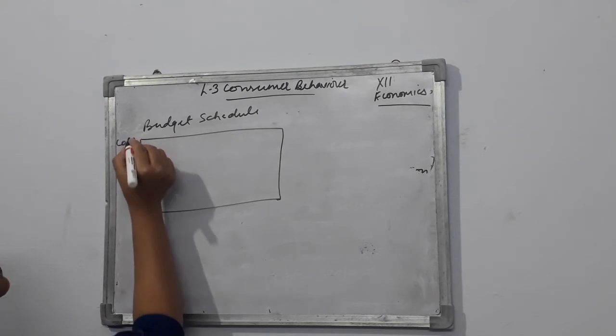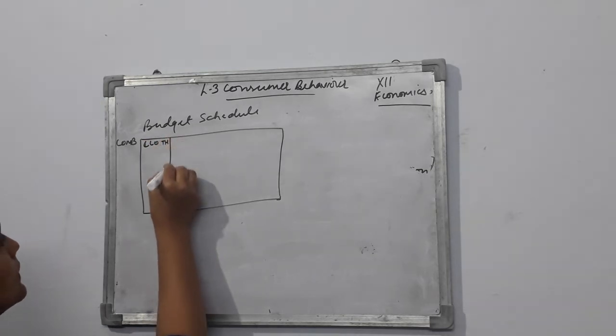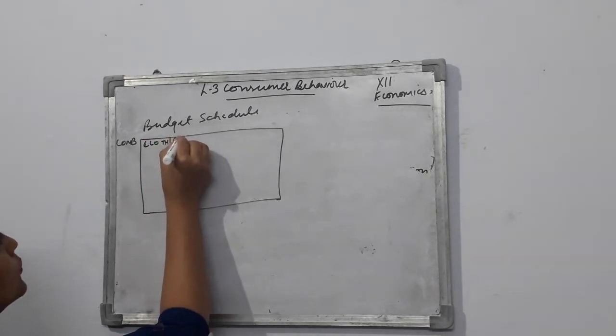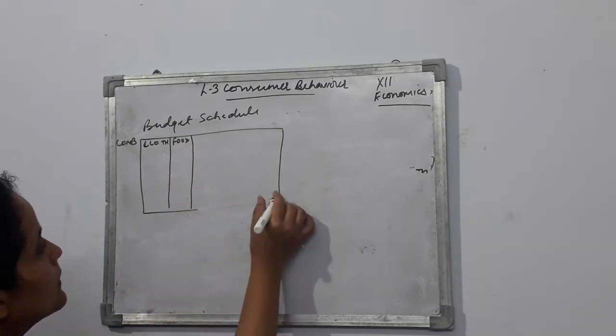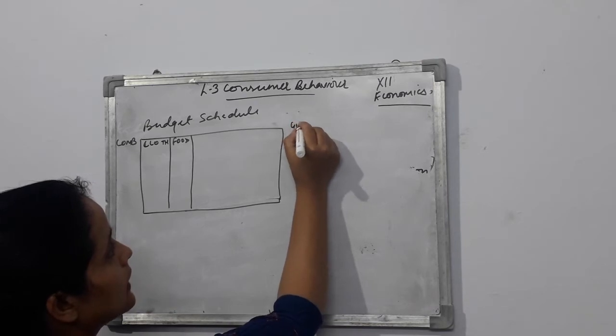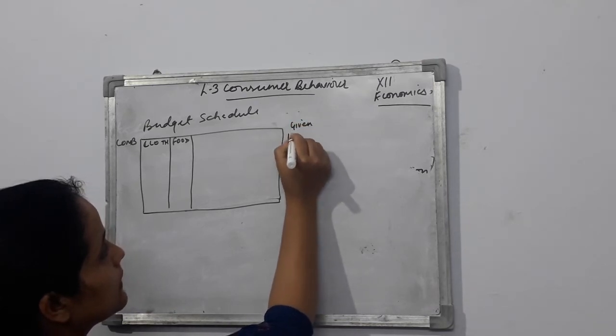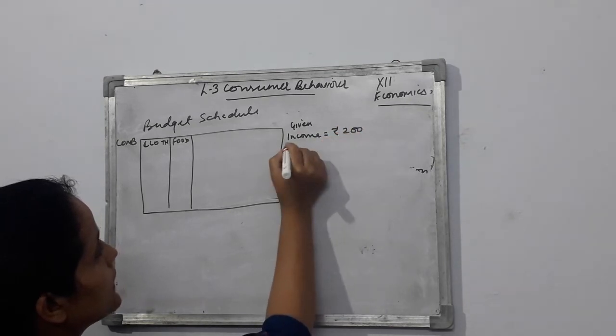Combination. This is a combination. This is your cloth, and this is your food. Given things. Income you have. Income is equals to ₹200, right?